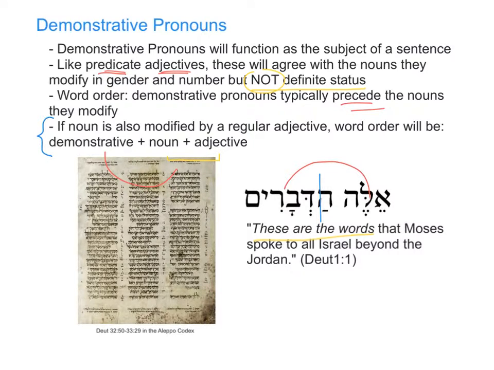But where we're seeing disagreement is that we have a definite article on the front end of our noun, but if we go back here, we see that we don't have any definite article up front. There's disagreement there, therefore this must be a predicate adjective or a predicate demonstrative pronoun in this situation. So what we would do to translate that is say, these are the words.